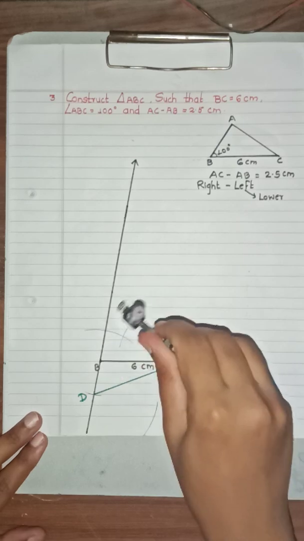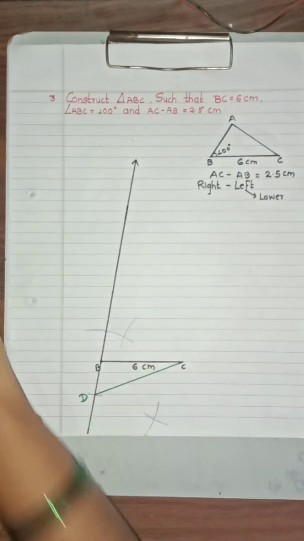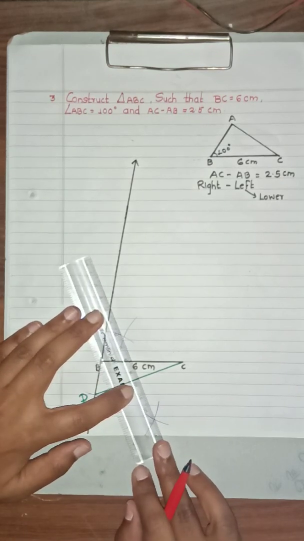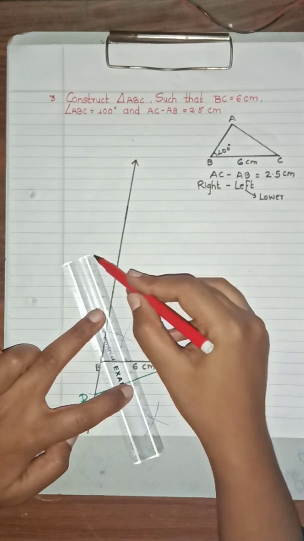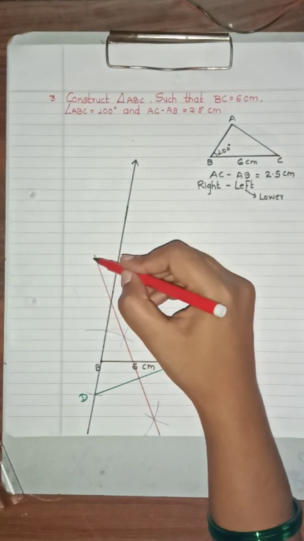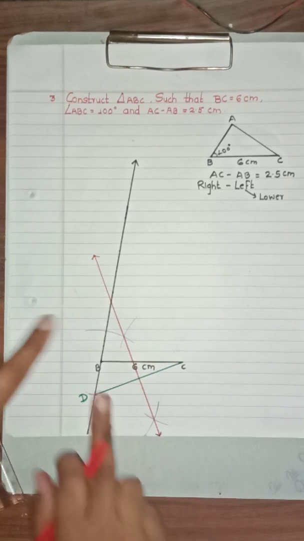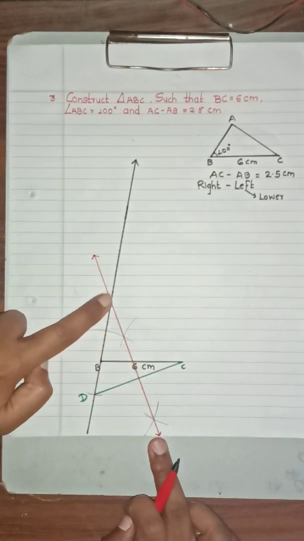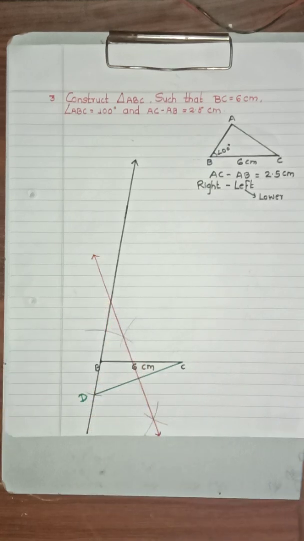Okay, in this way you have to mark an arc, and then you have to join these two arcs. Okay, in this way you have to join this arc. Okay, now we can see this perpendicular is intersecting this line over here. Now from here you have to join to point C.